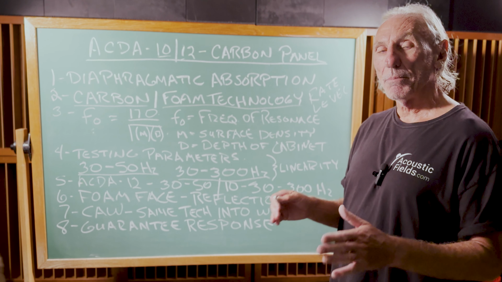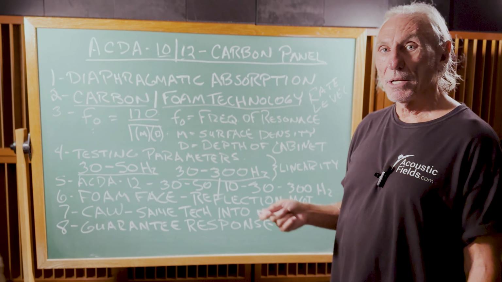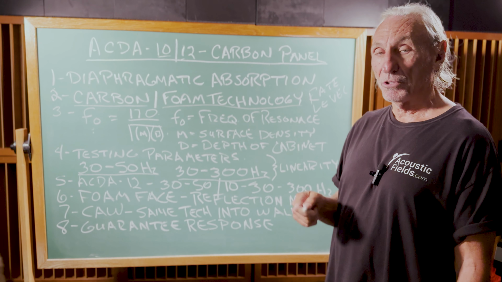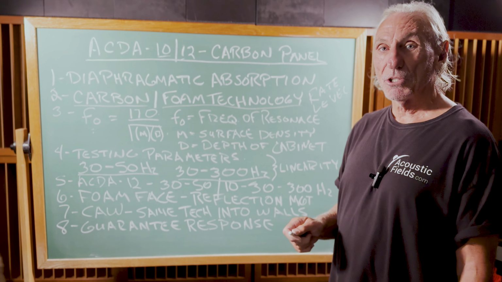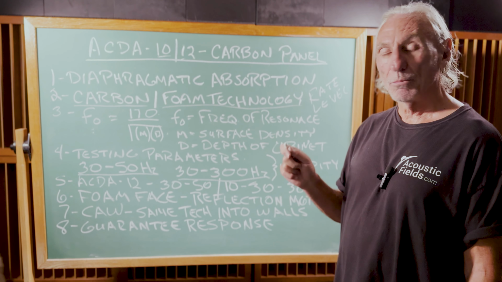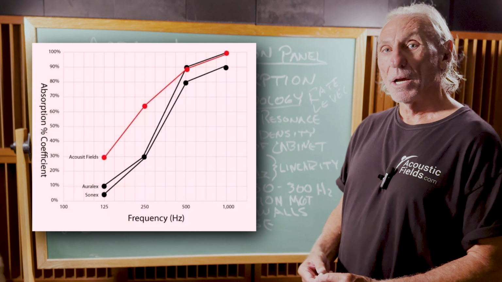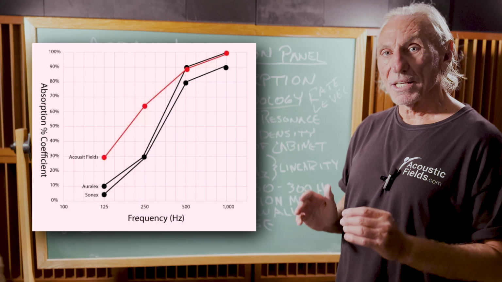So we have a broadband absorption unit that's frequency specific, depending on the problems on the walls in your room. And then the foam face deals with the reflections. Our foam is world famous for its smooth linearity, and you can see here in the graph how smooth it is. And linearity in performance is the key.